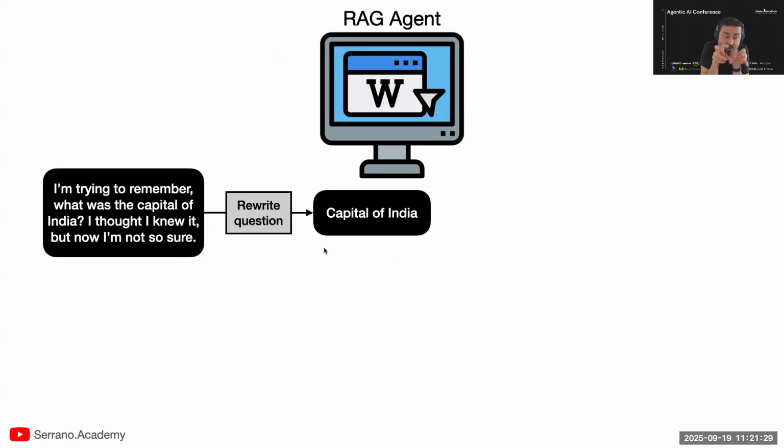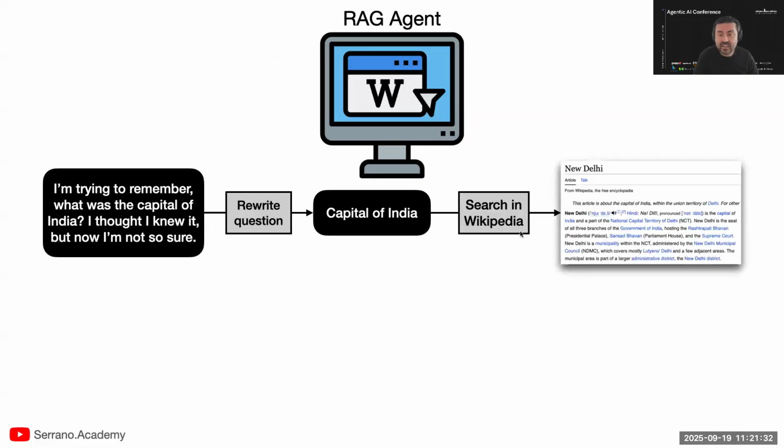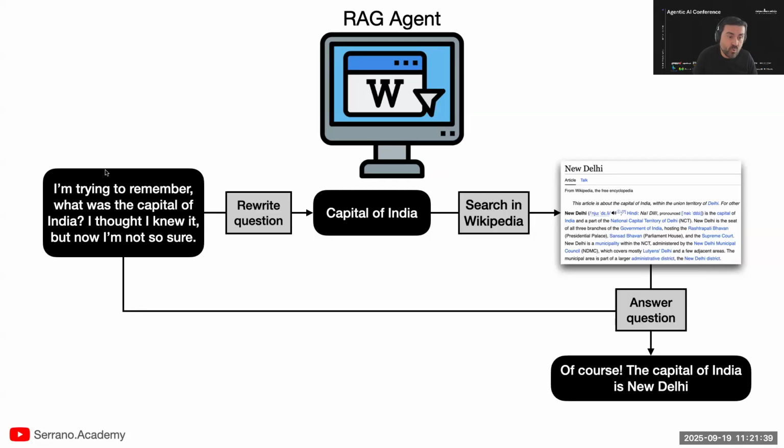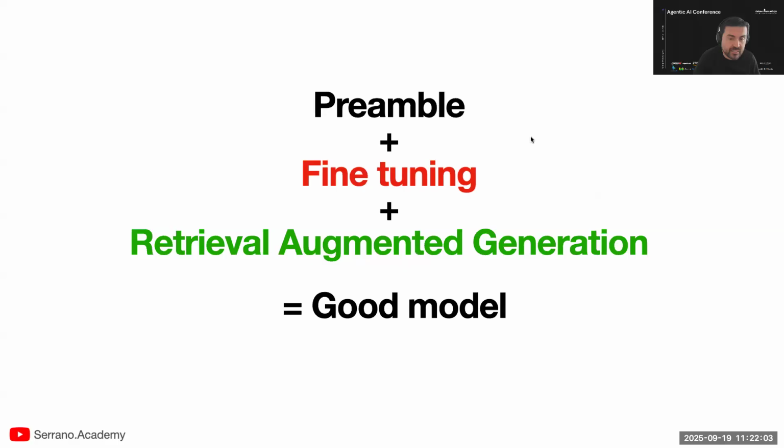We turn it into a Google search query, and then we search it, and we take all these results and maybe more, and with the original question, the reworded question, and these all in the rearview mirror, we answer. Why is it so easy to reword a question? Because it's all in the rearview mirror. It's an instruction, right? Reword this into a Google query is very easy for a language model. On the other hand, answering the question is hard. So rewording into a Google query, easy. Answering, hard. That's why we use the search results.